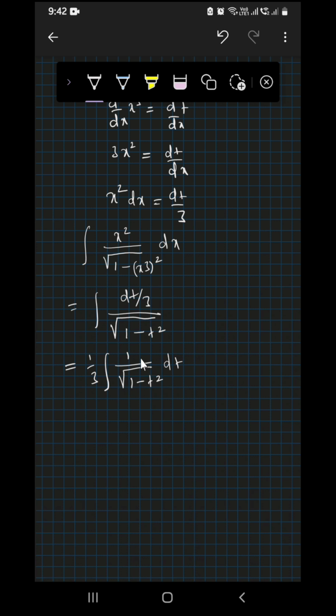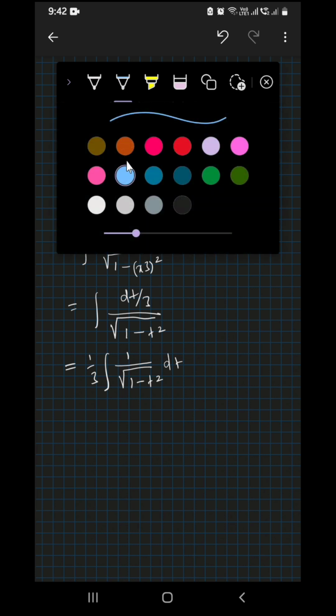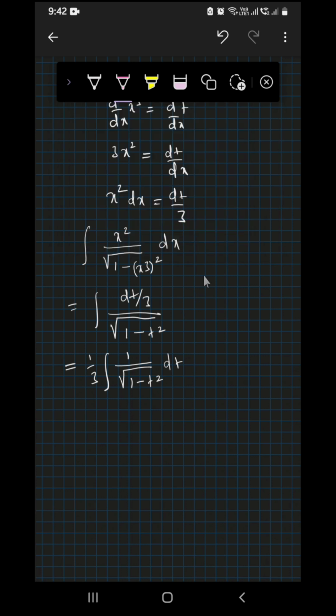If you see here, this is the form of integration of 1 by root of 1 minus x square dx, which is equal to sine inverse of x. So I'm writing the formula here. The formula is like this: integration of 1 by the root of 1 minus x square dx is equal to sine inverse of x plus c. This is the formula.